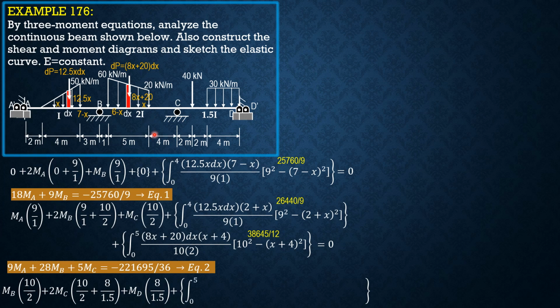So plus integral 0 to 5 of 8x plus 20 dx, 6 minus x over 10 times 2, quantity 10 square minus quantity 6 minus x square.